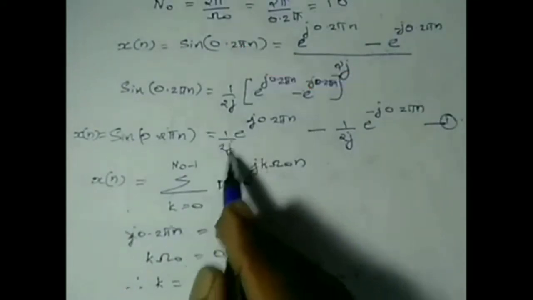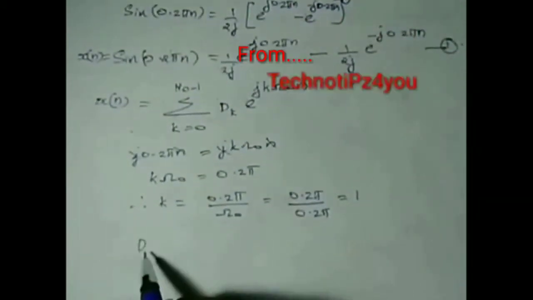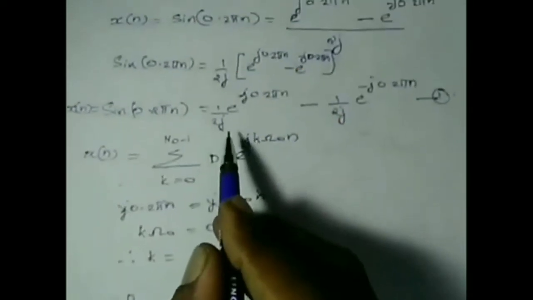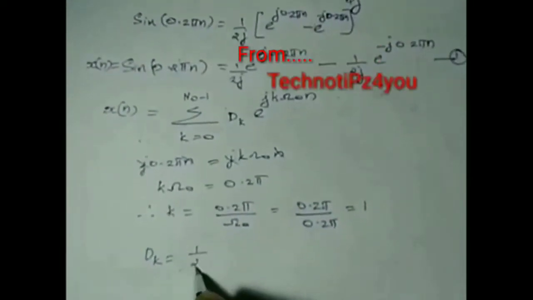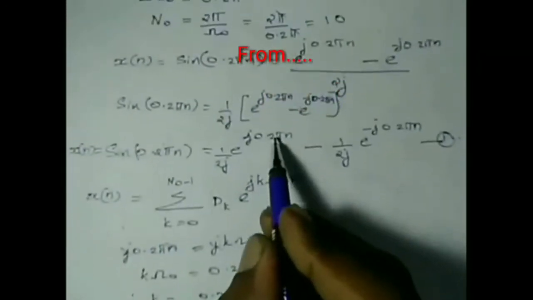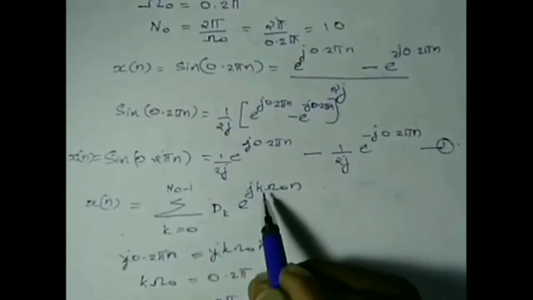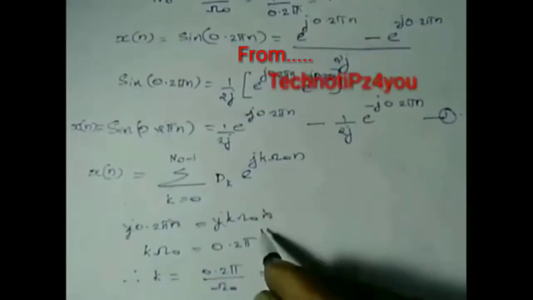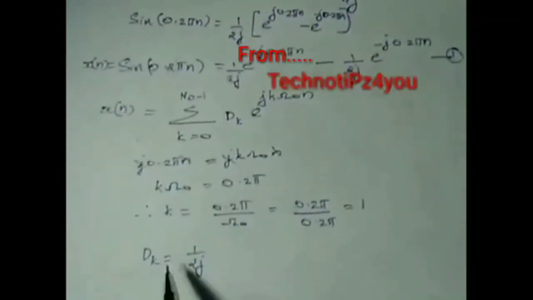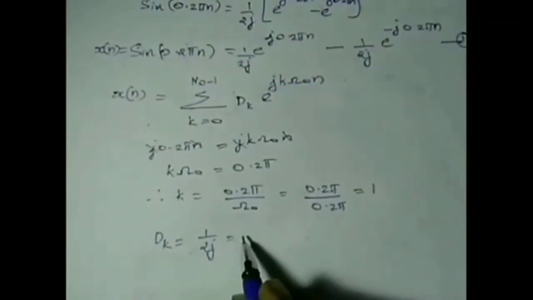Therefore we can conclude that dk is equal to 1 by 2j, but the value of k here is obtained as 1, therefore this is equal to d1. Let us mark it as equation number 2.